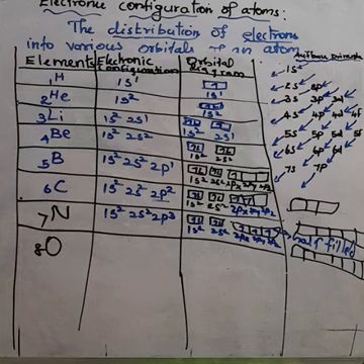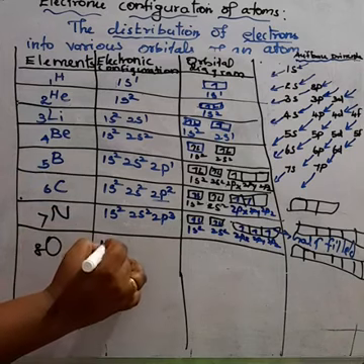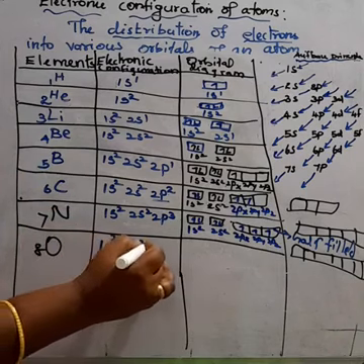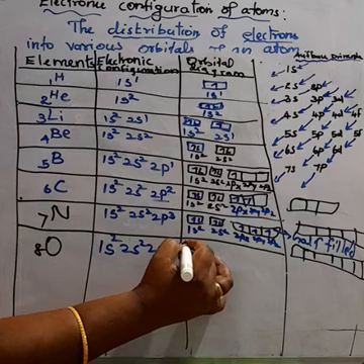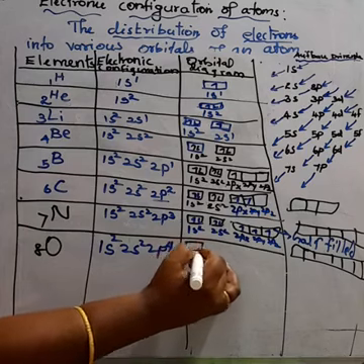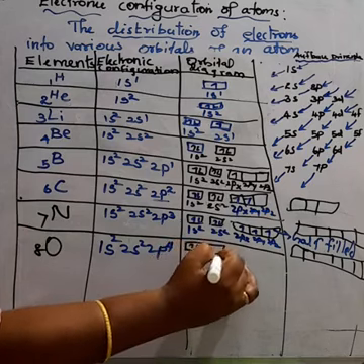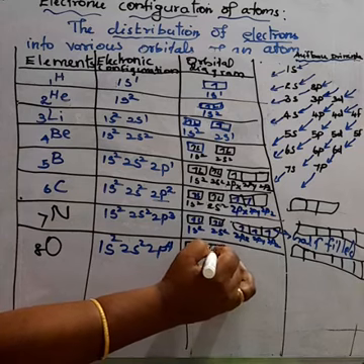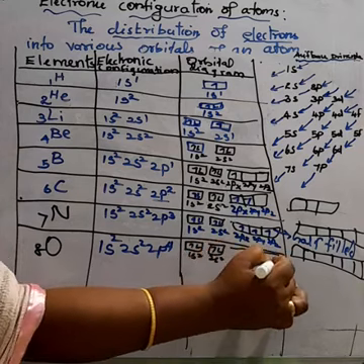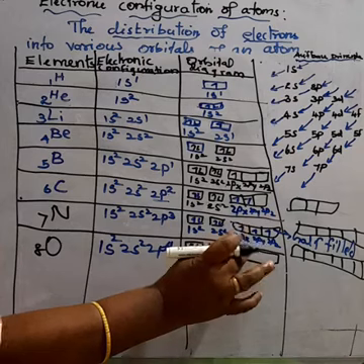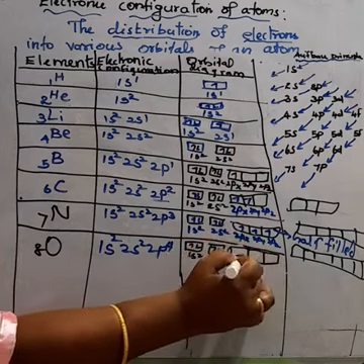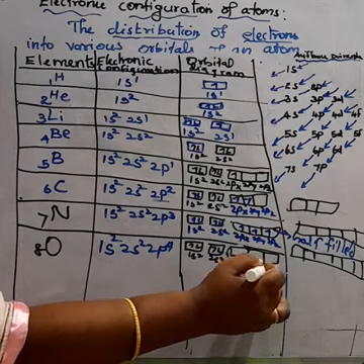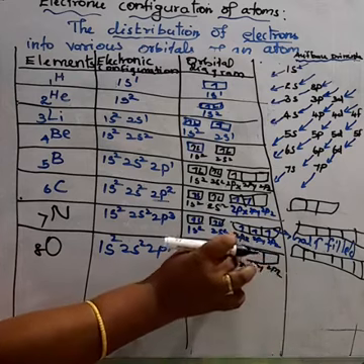And then next, oxygen, atomic number 8. Electronic configuration 1s2, 2s2, 2p4. How will you draw the orbital diagram? First the 1s orbital with 2 electrons, the 2s orbital with 2 electrons, and the 2p orbital. How many orbitals are there? 3 orbitals: 2px, 2py, 2pz. How many electrons are there in the p orbital? Totally 4 electrons.